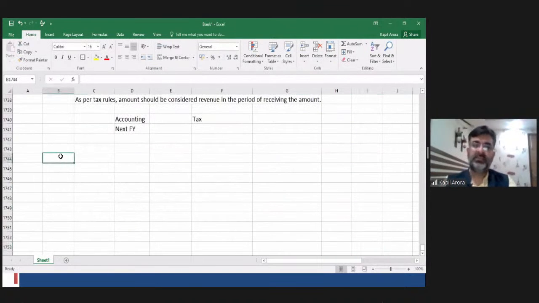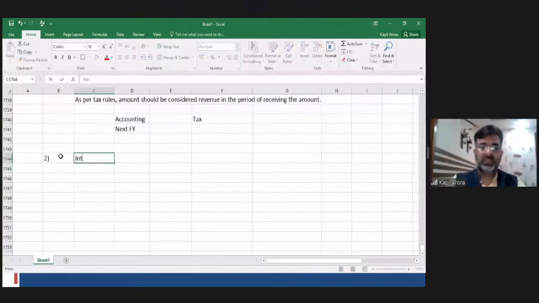On the other hand, we have another issue. The interest in P&L is including 40 interest which is due but not paid.